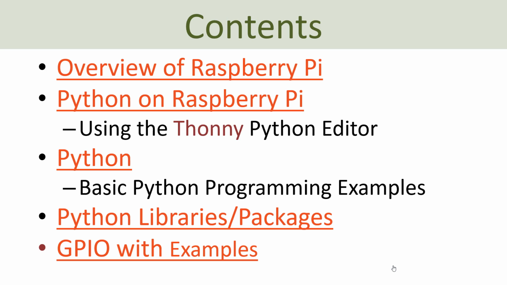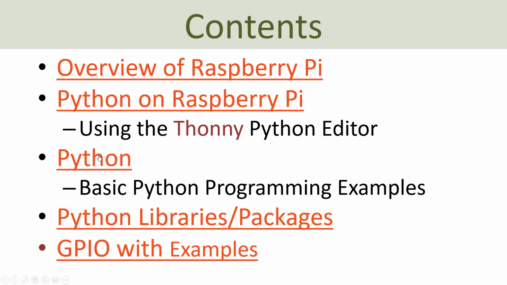So let's start with this tutorial. First, I will give a short overview of Raspberry Pi. Then I will show how you can use Python on the Raspberry Pi device. Then I will use this Thonny Python editor, which is part of the Raspberry Pi operating system.